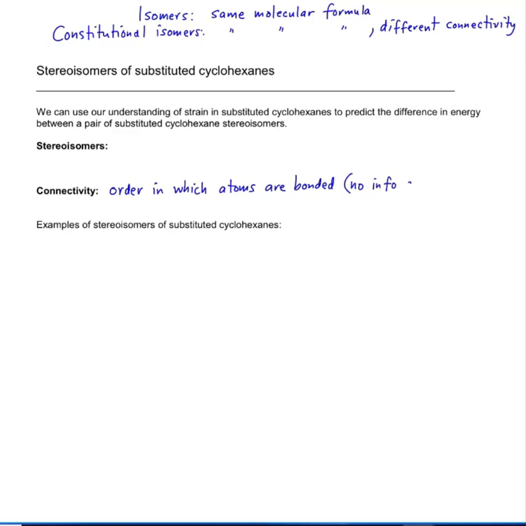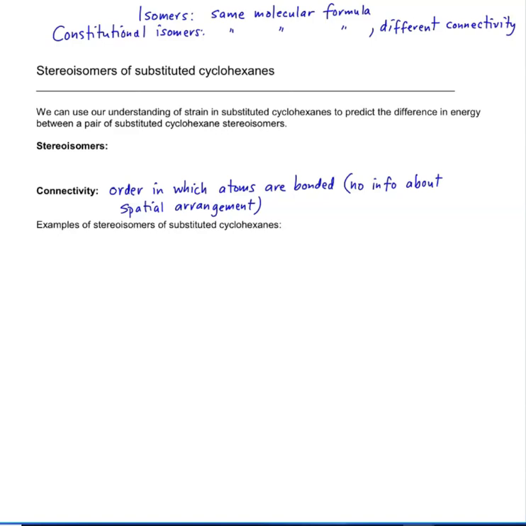So no information about spatial arrangements, and that'll make sense in just a second if it doesn't now. If we want to think about spatial arrangements, that's where the whole idea of stereochemistry comes into play.